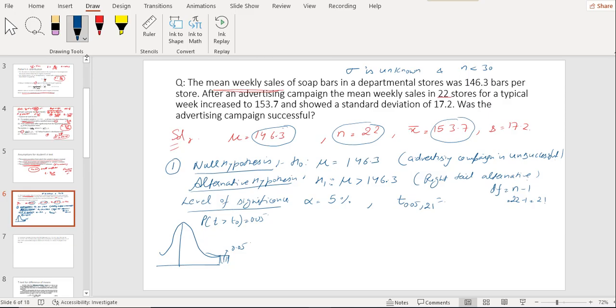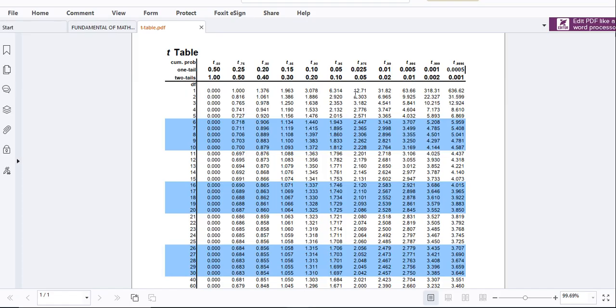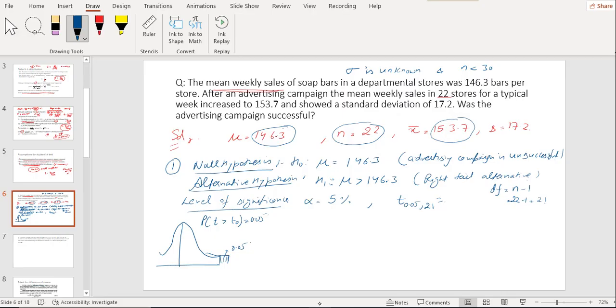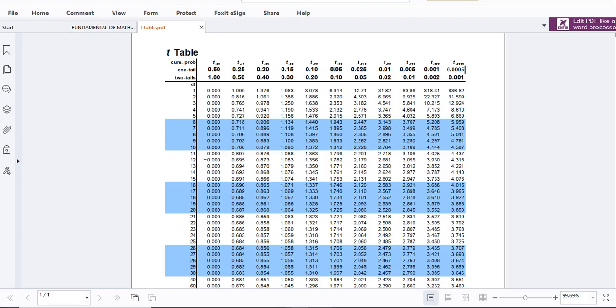We refer to this particular table. Because we are considering one tail and 5% level of significance, the probability is 0.95. If up to this it is 0.05, it means that up to this point the probability is 0.95. So from this table, what is the value of t at 21 degrees of freedom?